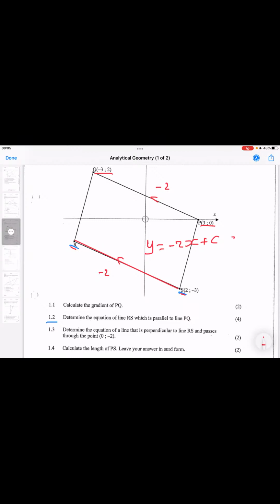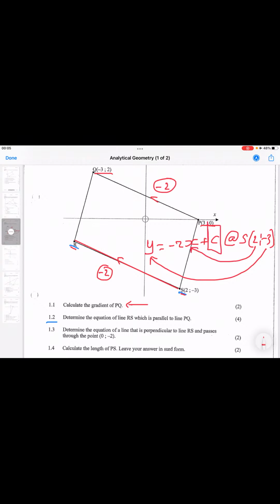Then you can just say at point S, having the coordinates 2 and -3. Remember, guys, this is just an example. You must have calculated it there and you need to get the correct value. So what you now do is substitute your y value being -3 and your x value there in order to calculate the c value.